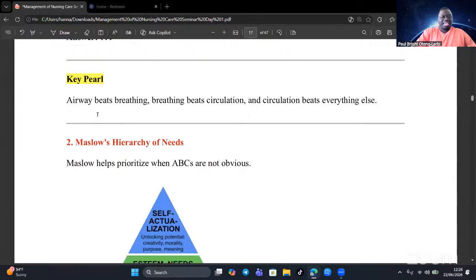So airway will always beat what? Breathing beats circulation, yes, when it comes to using the ABCD bundle to answer the question. Okay. Now let's continue.